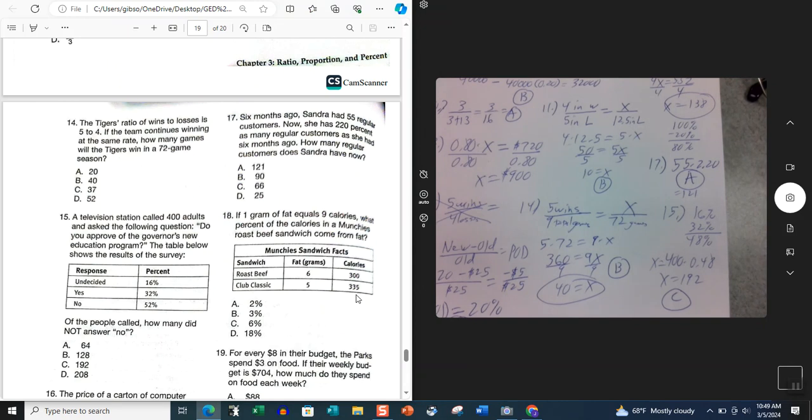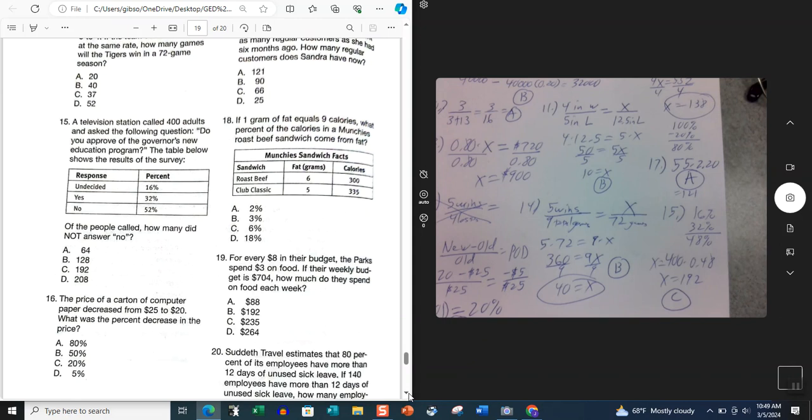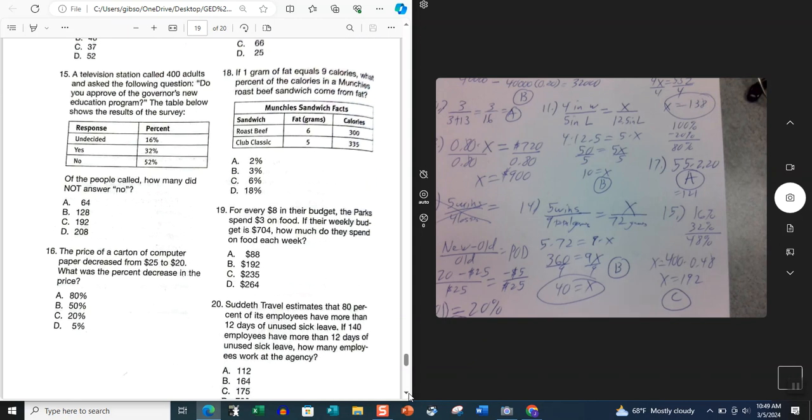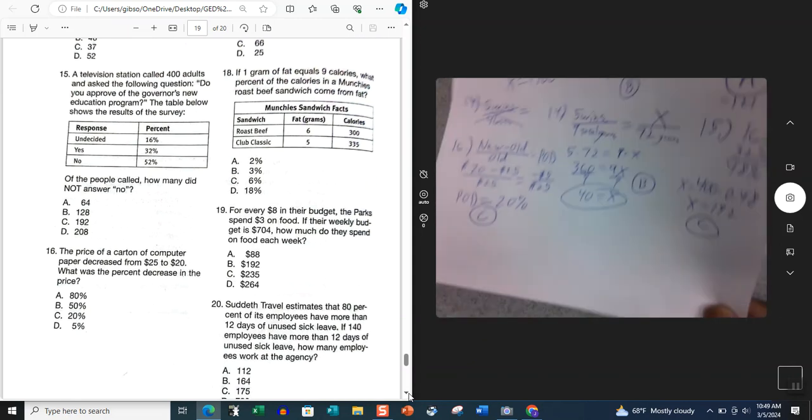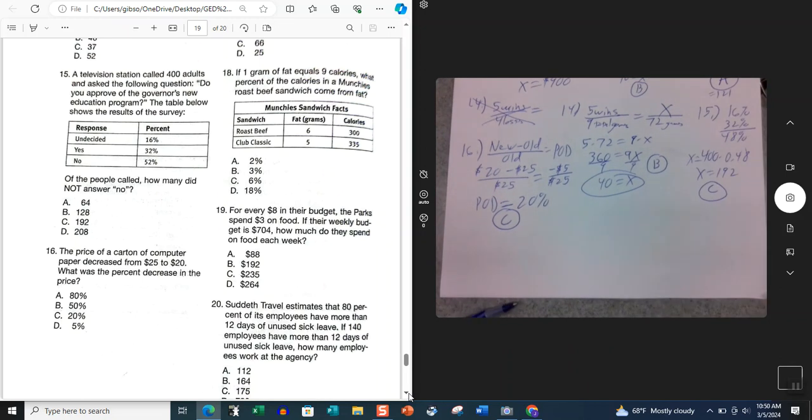All right. Now we scroll down to problem 18. Okay, problem 18. It says if 1 gram of fat equals 9 calories, what percent of the calories in a Munchies roast beef sandwich come from fat?